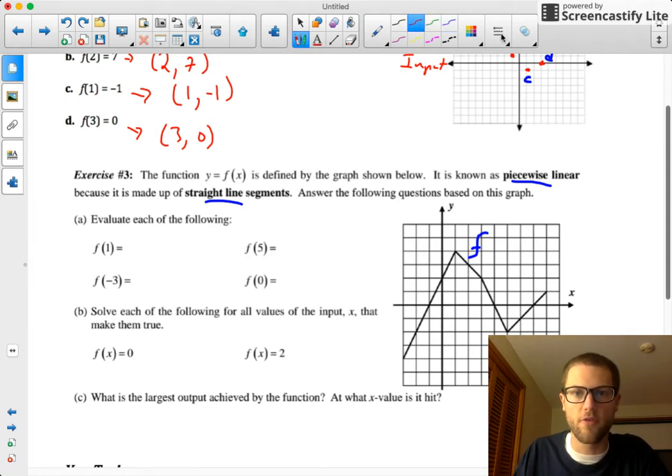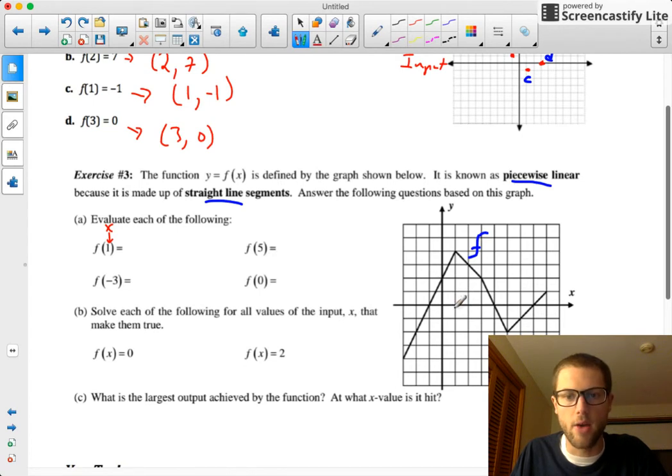So let's take a look at the first one here. It says find f of 1, and what that means is that I'm looking for what my output is when my input is 1. So I'm going to have to look along my input x-axis and find 1.